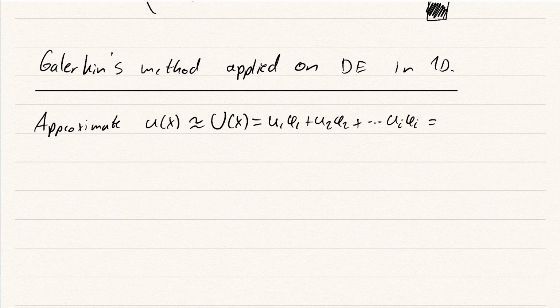And again, this is a sum, i equal to 1 until n, ui phi i. And phi i is a function of x. So that's how the dependency on x comes in.